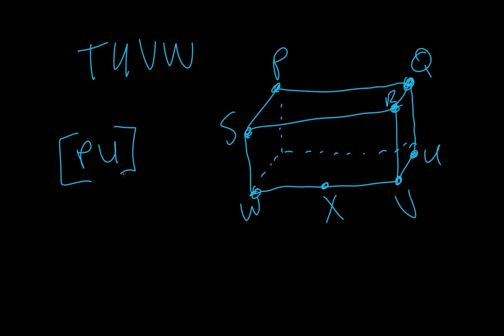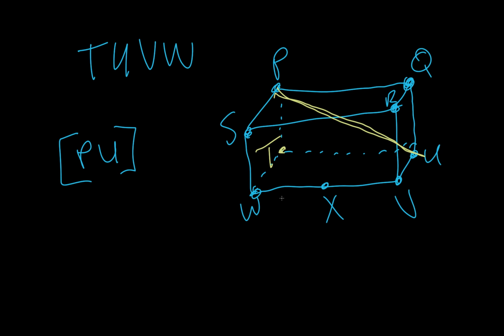So we're going to mark PU, which is going to be a line segment, just so we can see it visually. And the projection of PU onto the plane is TU. So if we're trying to put it on TUVW, oh, T is back here by the way.